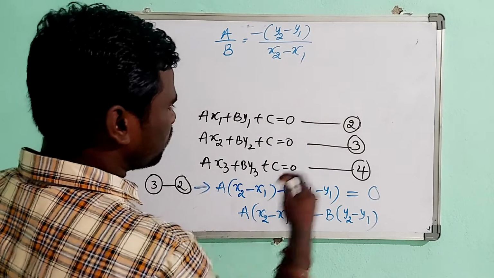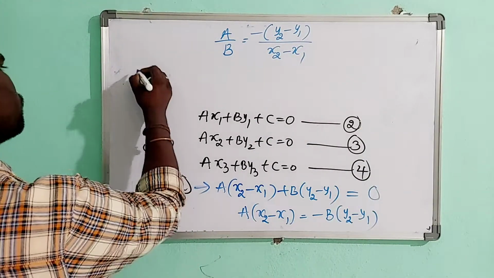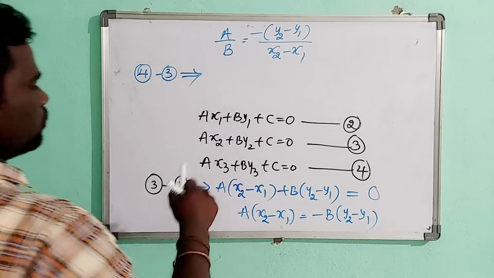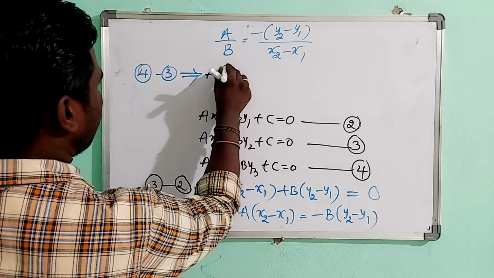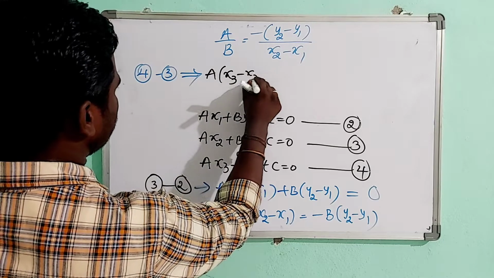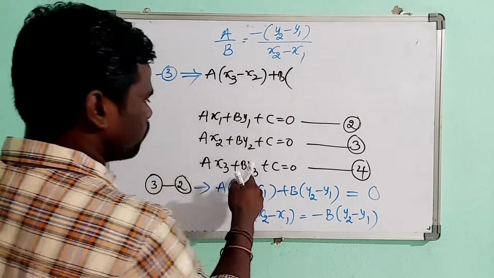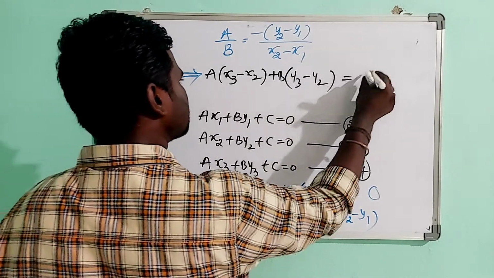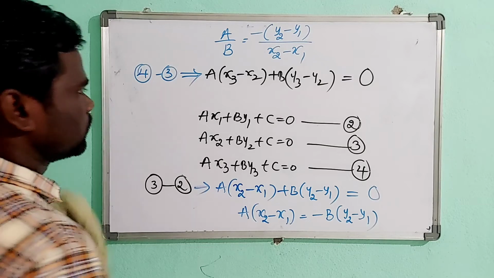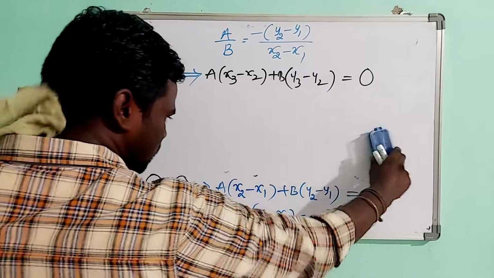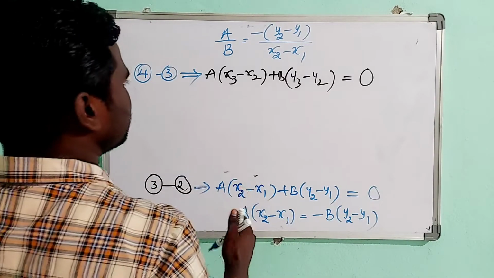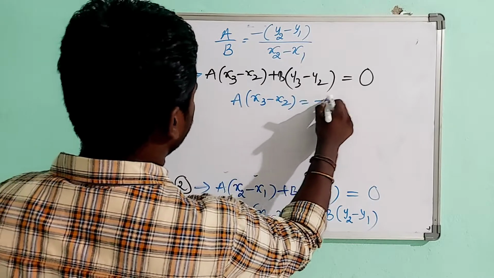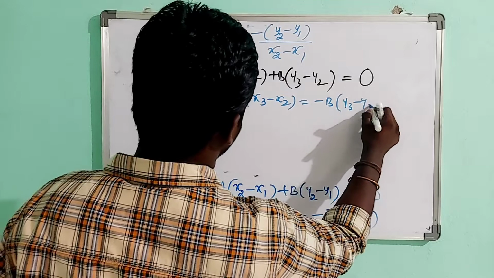Similarly, I subtract the second from the third. Then a is common with x3 minus x2, plus b times (y3 minus y2), c gets cancelled, and it equals 0. So a times (x3 minus x2) equals minus b times (y3 minus y2).